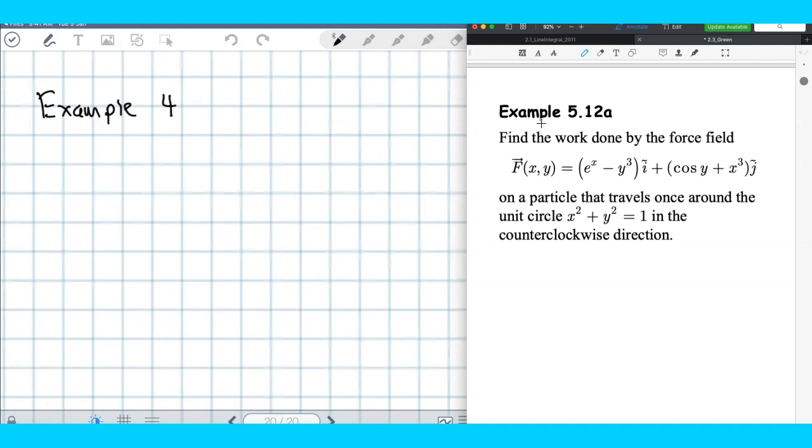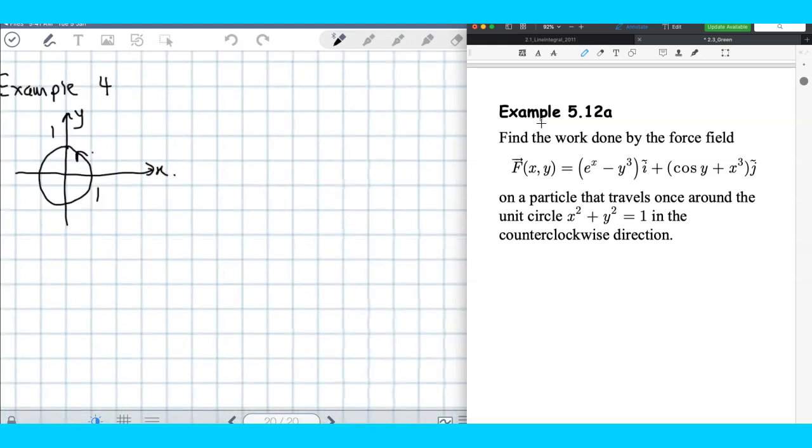A particle travels once around the circle, counterclockwise, with radius 1. So you have a closed curve in anti-clockwise direction, so definitely you can use Green's theorem.